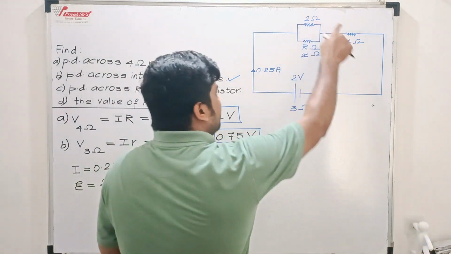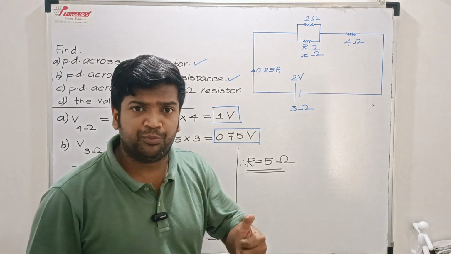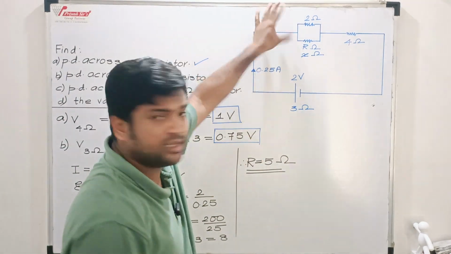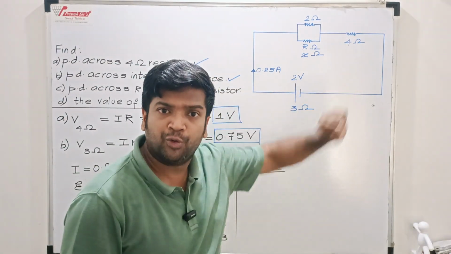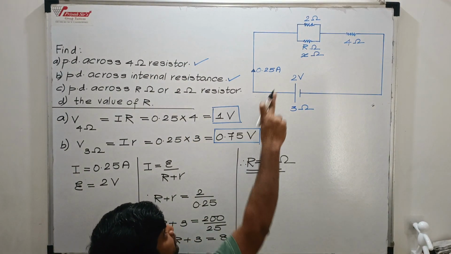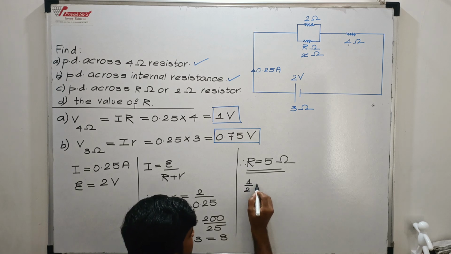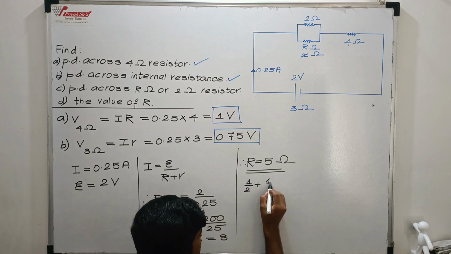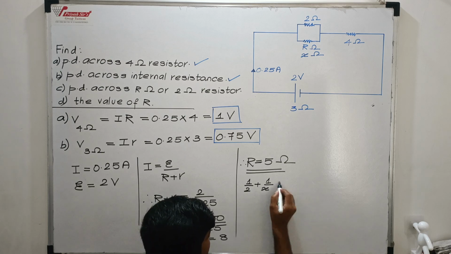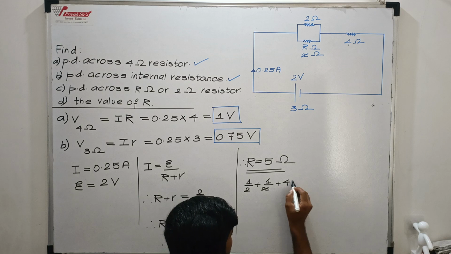Then we can easily have a formula to find the external resistance of the circuit, which would be these two in parallel plus series with this 4 ohm. Okay, so let us apply it now. These two are parallel, so what will their effective be? 1/2 effective plus 1/x plus 4 ohm.